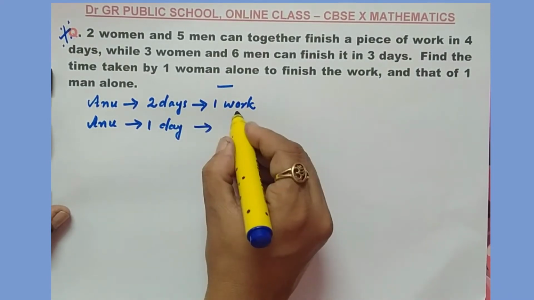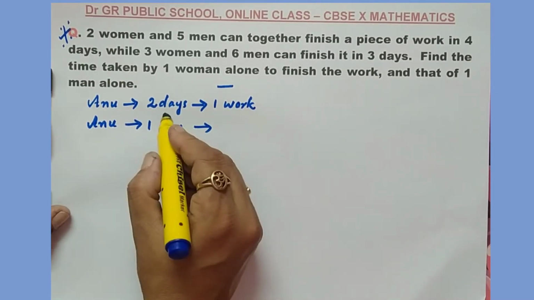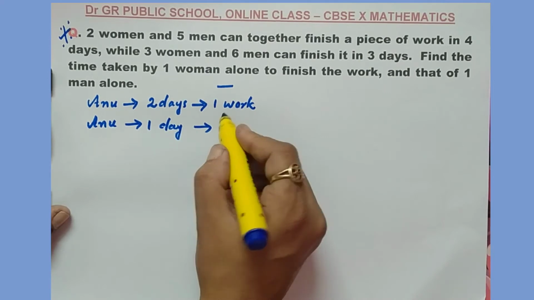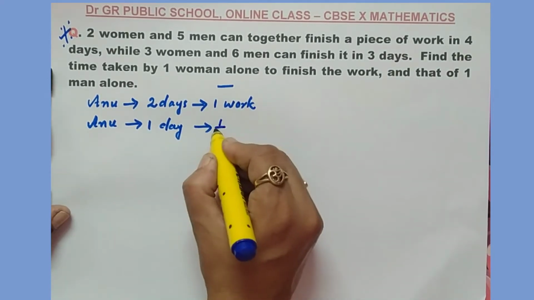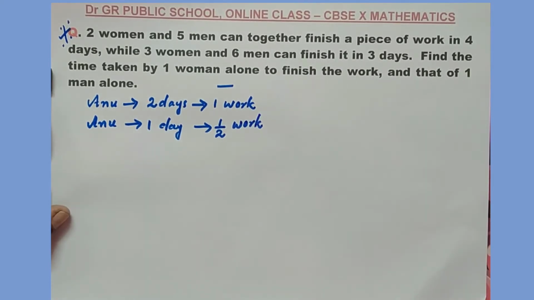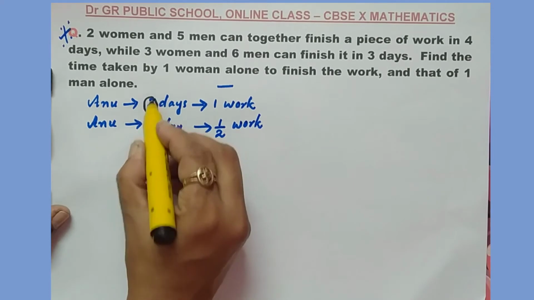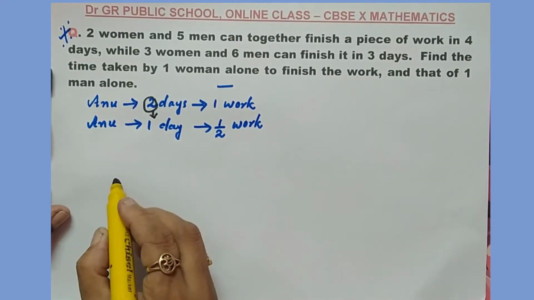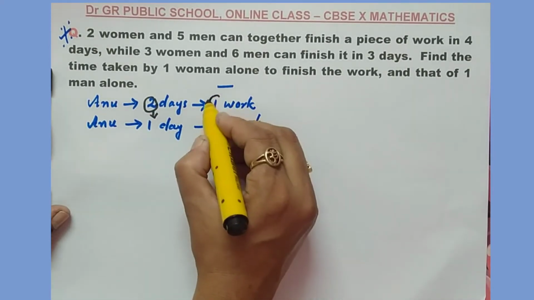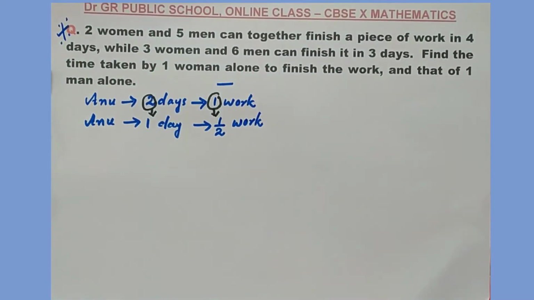In 2 days she can complete one work. Then in 1 day she can complete half of the work. Am I right? From where do you get that half? These 2, when dividing by 2, you get a 1. And this 1 when dividing by 2 you get 1 by 2. Means dividing both sides by 2.